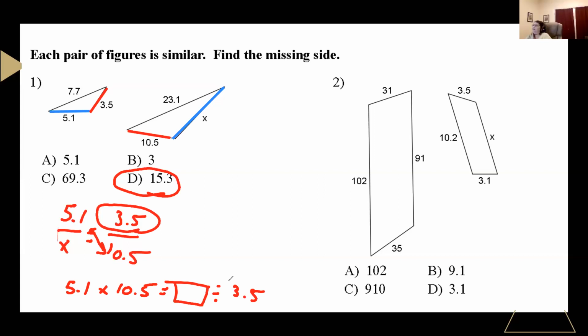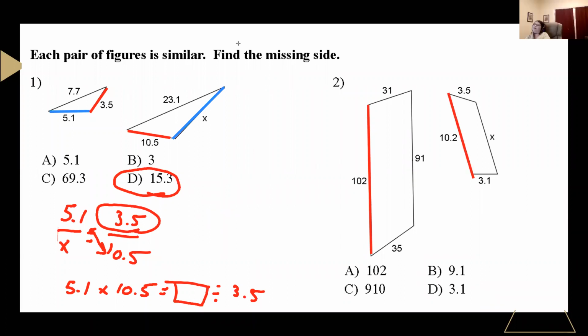Okay, so let's color code this one because I don't want to make that same mistake again. So this looks like the longest side here, right? That's the longest. Which one's the longest side on this one? 10.2. Yeah, 10.2 is the longest.